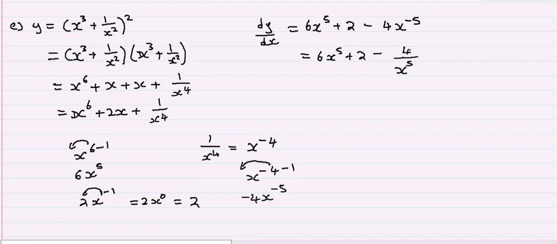So this is how to find the derivative where you are given a function as a bracket. In our next video, we'll be looking at other examples of how to use the rules of differentiation, where you need to factorize first or simplify fractions.